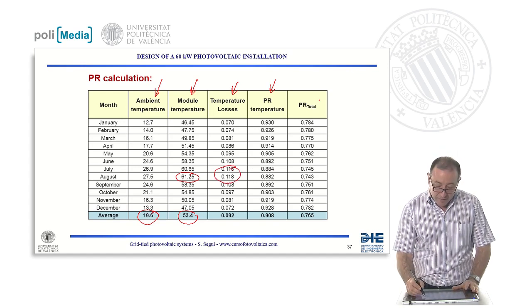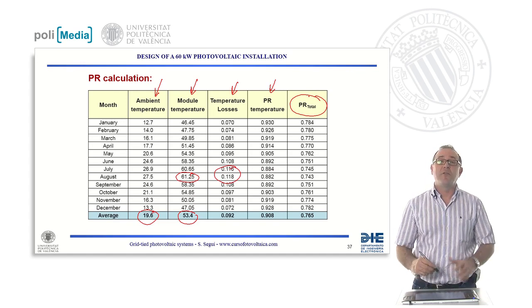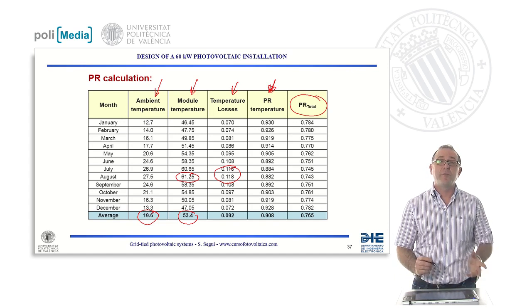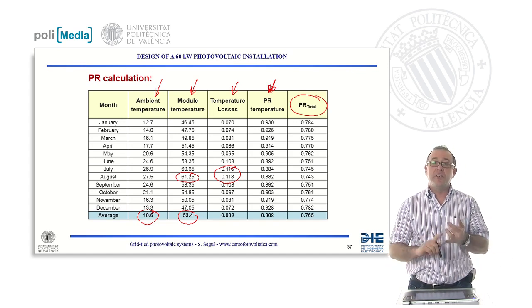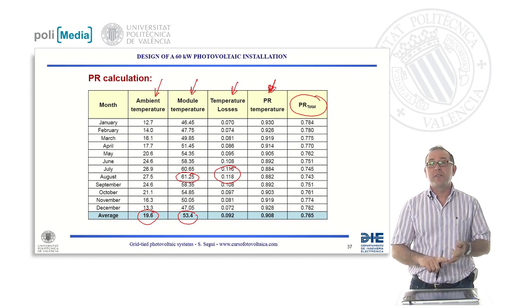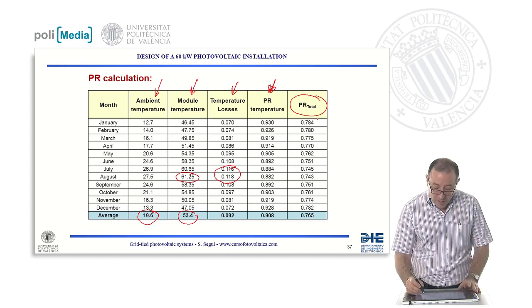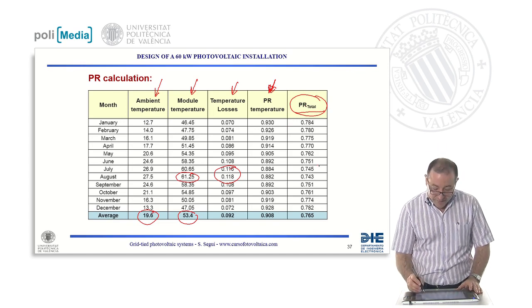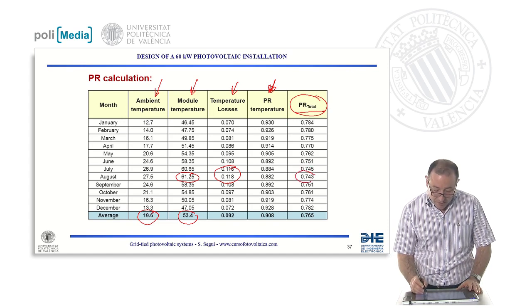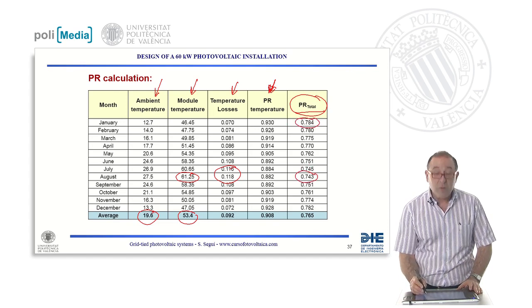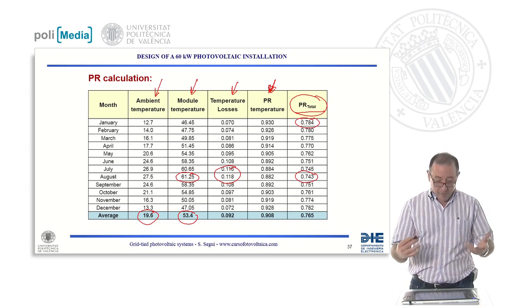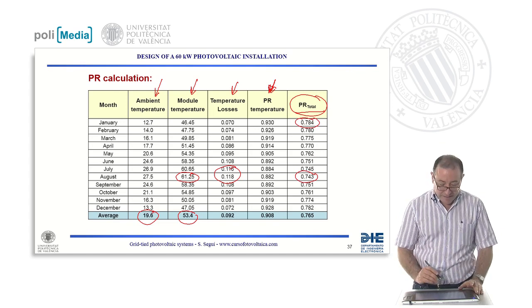And due to that, the overall performance ratio of the installation includes this factor, the performance ratio for the temperature, and the rest of factors: distance, reflections, inverters, wiring, and others. If we multiply all together, we obtain the performance ratio for each of the months. And we can see that in summer the value is smaller than in winter due to the effect of the temperature. Using average values, we can do some calculations, as we are going to see in next slides.